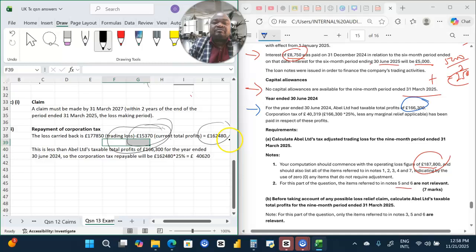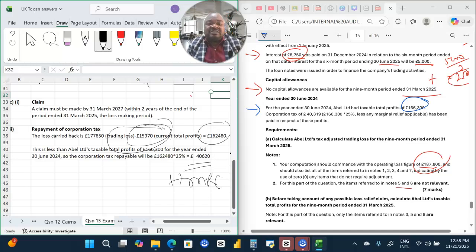So this is less than Apple Limited's taxable profits of 166,300 for the year ended 30 June 2024. So the corporation tax repayable will be 162,480 multiplied by 25%, which is equal to 40,620. So this is the refund you get from HMRC.